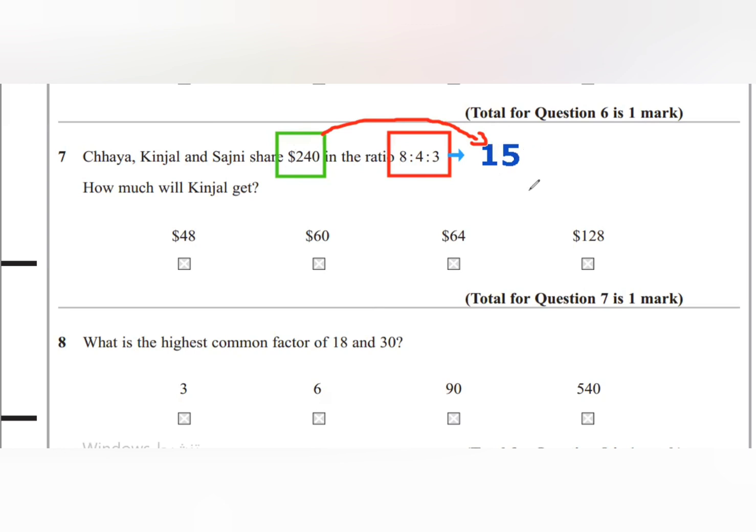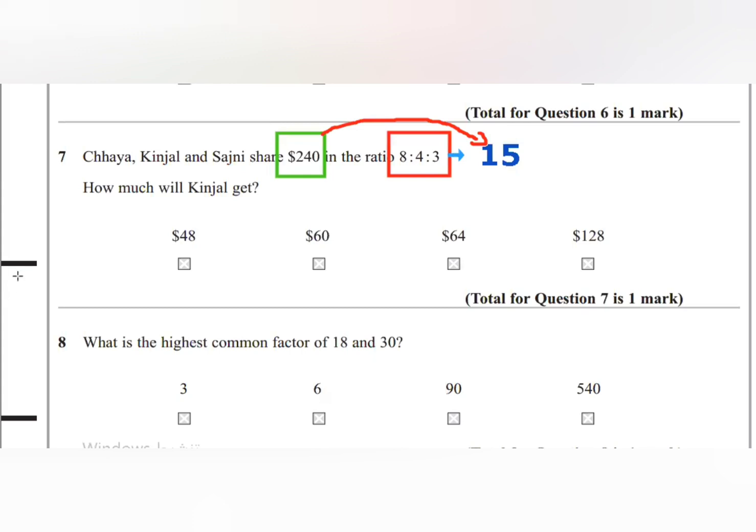Very good. So I divide the total number, or the total money, by the total ratios, and I will get the value of each ratio. So I'll divide 240 by 15, and the answer is 16.